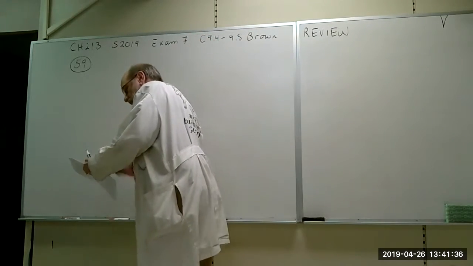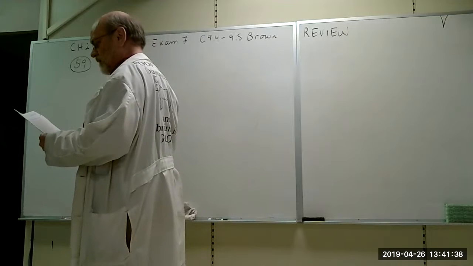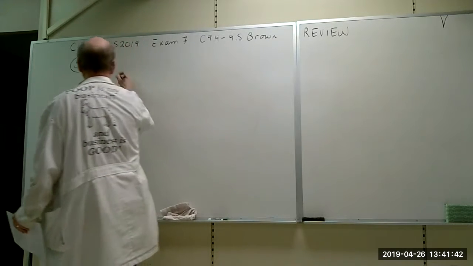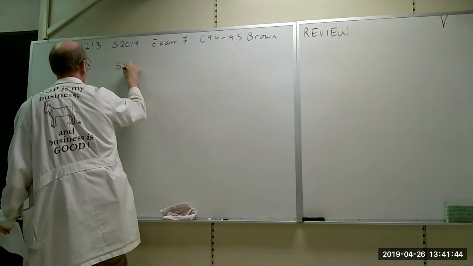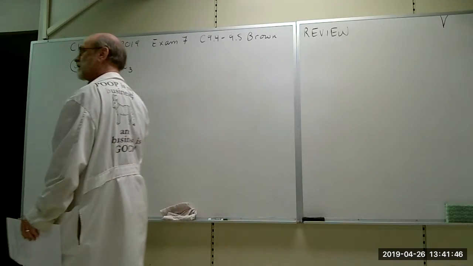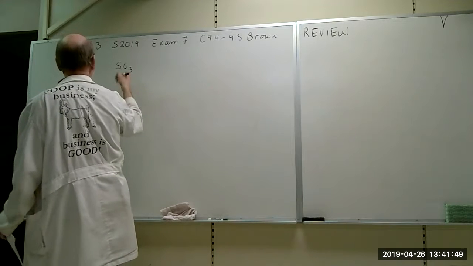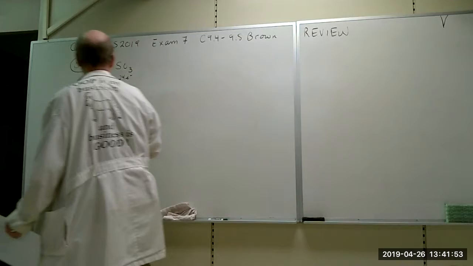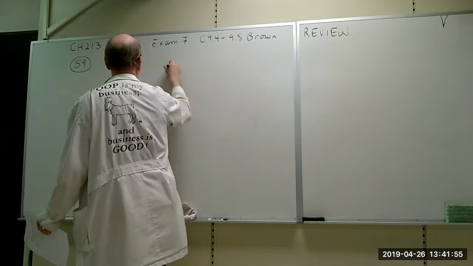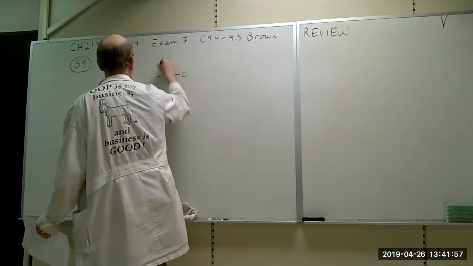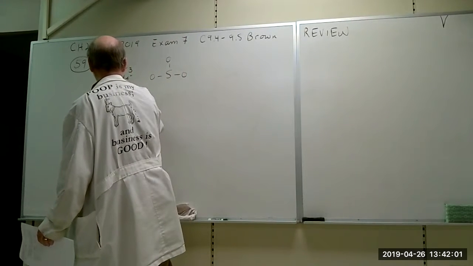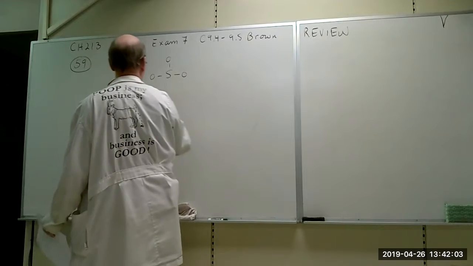Okay, back to 59. We need to understand the dot structure for sulfur trioxide. So let's do that first. Sulfur is 6, oxygen 6, so it's 4 times 6 is 24. Okay, so we've got a sulfur, 3 oxygens, so that's 2, 4, 6 is 18.